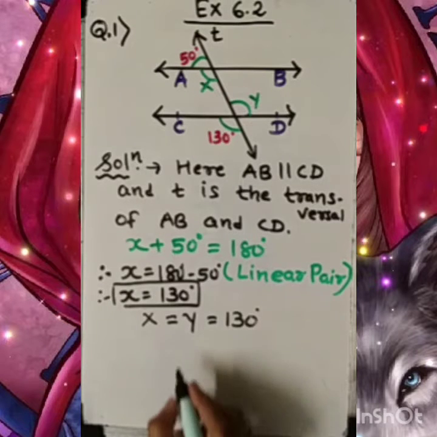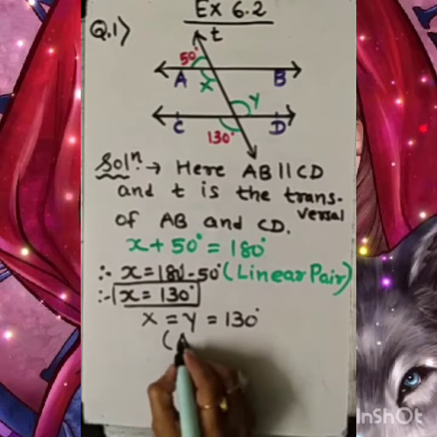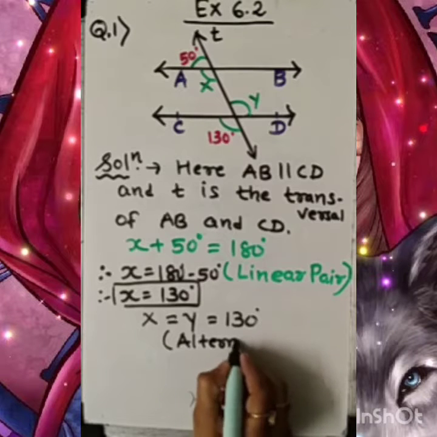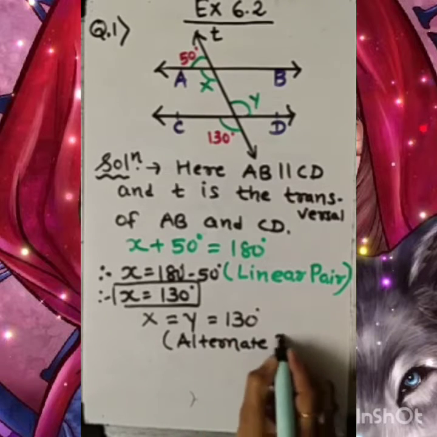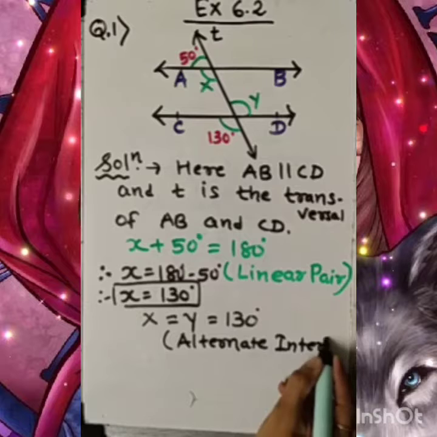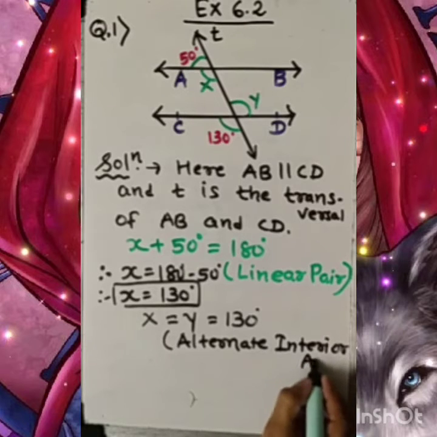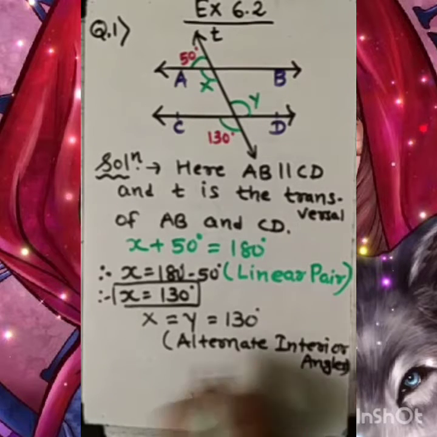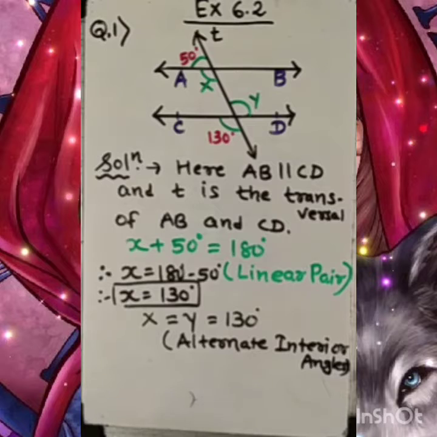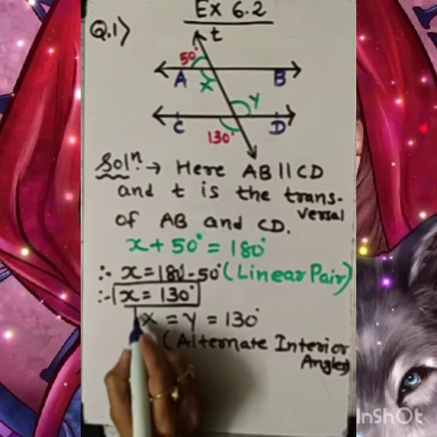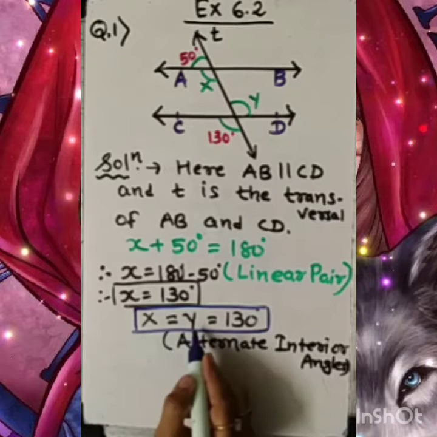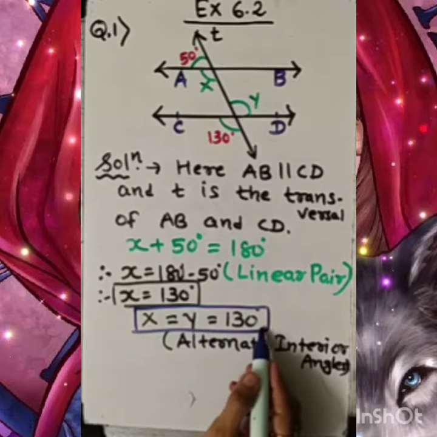And what is the reason behind that? Alternate interior angles, you can mention. Okay, clear? So finally the values of x and y with us: x equal to 130 and y equal to also 130.